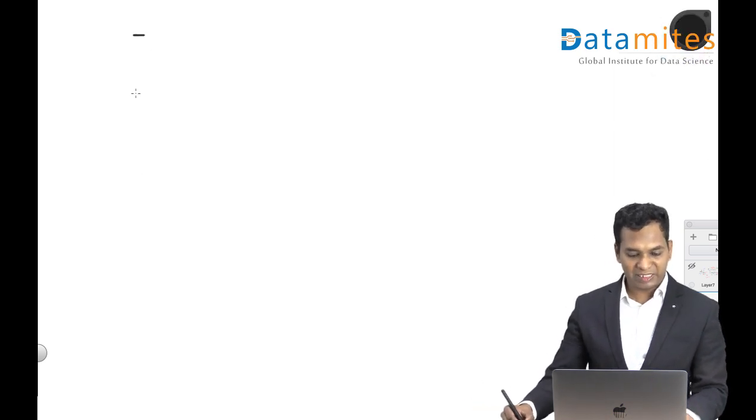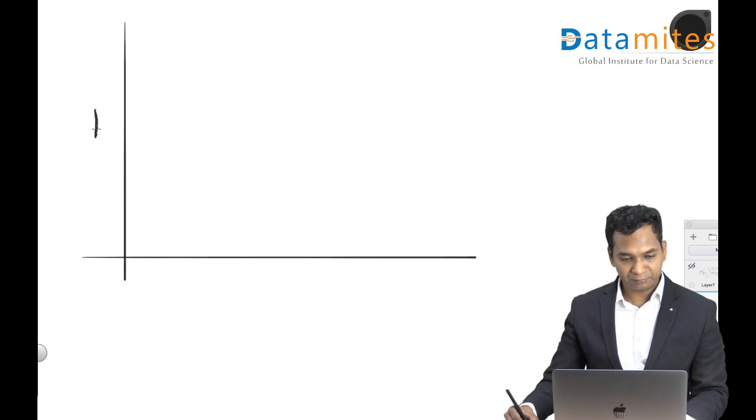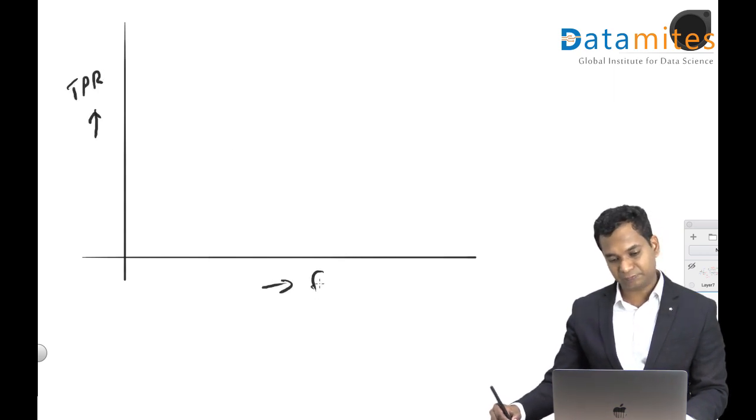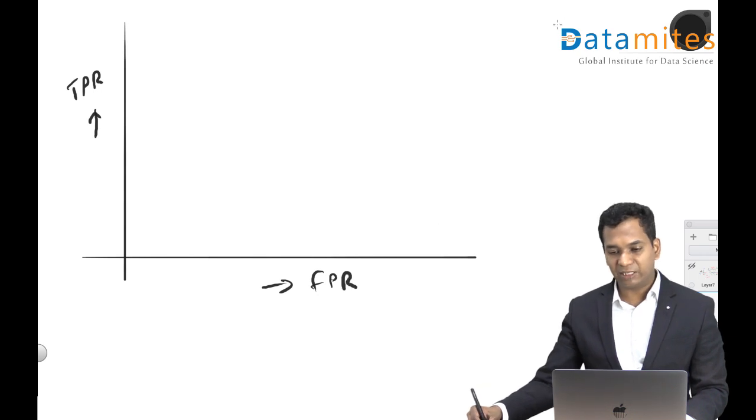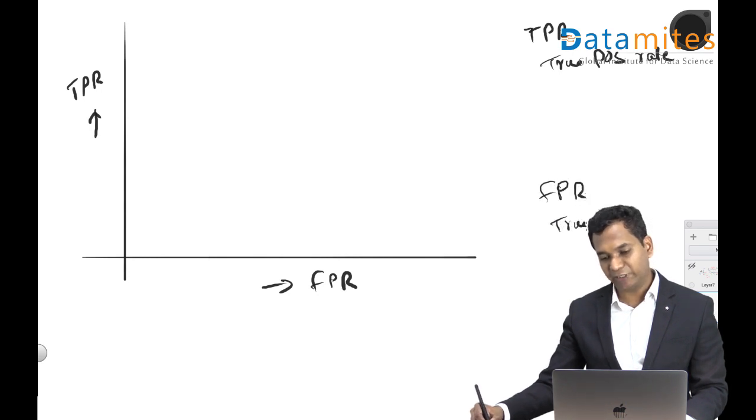The receiver operating characteristic curve, ROC, is essentially a graph between TPR and FPR. TPR stands for true positive rate, and FPR stands for false positive rate. My apologies.